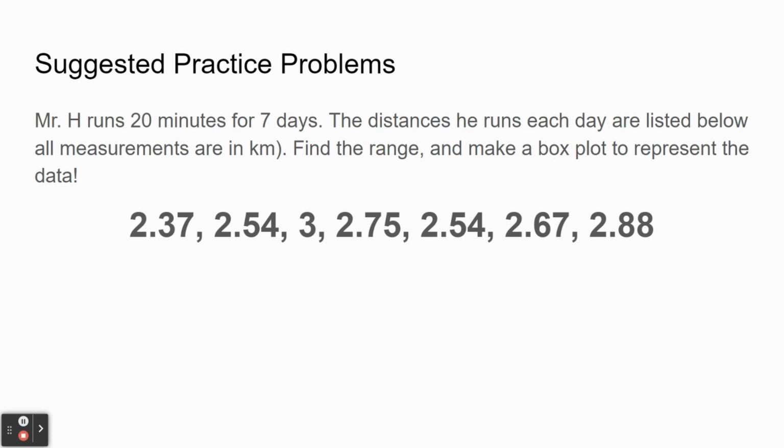Remember that all of the measurements are in kilometers. This time you are going to find the range, and you are going to make a box plot to represent the data. Can you guess what the suggested practice problem for the next video is going to be? Anyway, pause the video, and good luck.